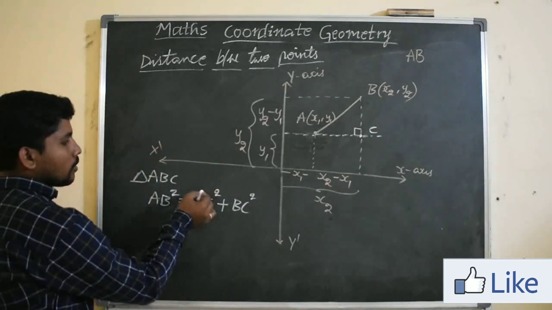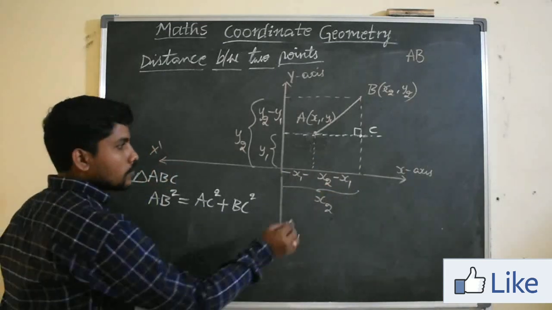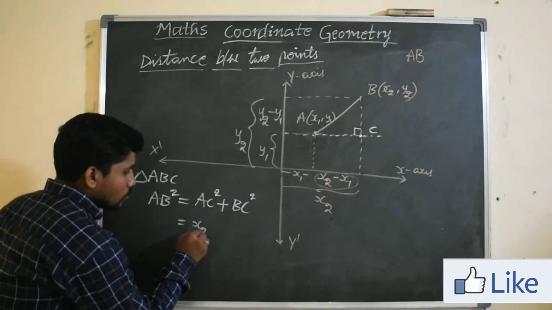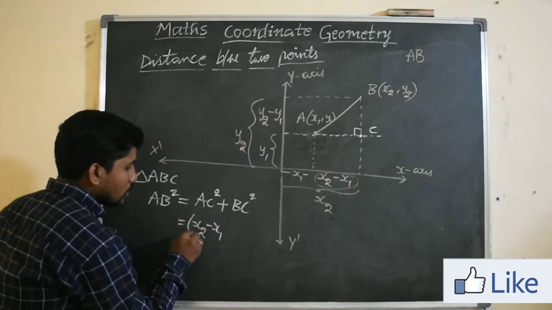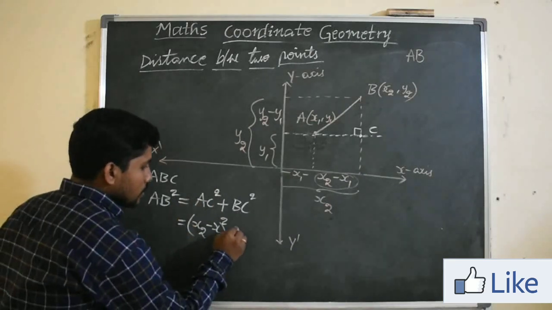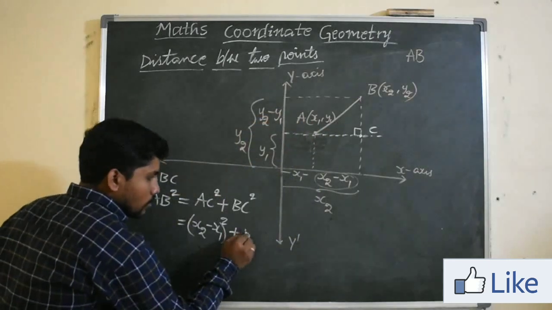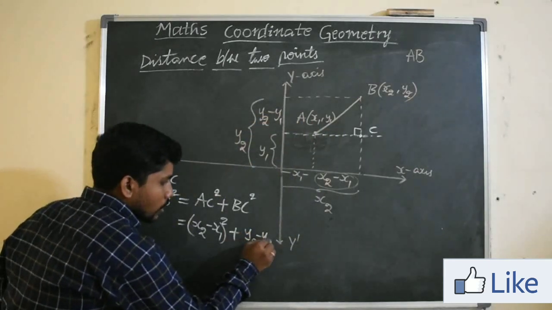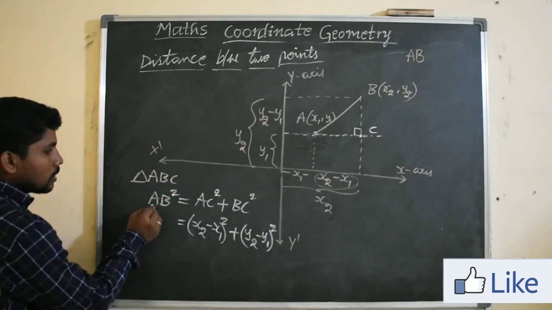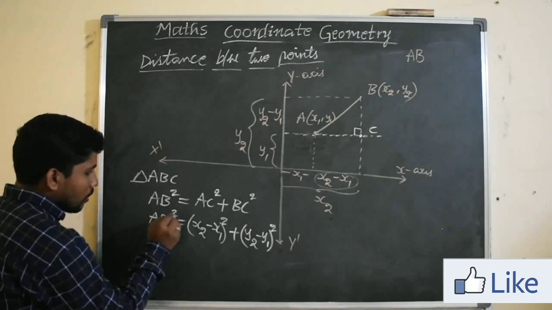Now replace the AC value. What is the AC distance? x2 minus x1, whole square, plus BC. BC is y2 minus y1, whole square. But we want the distance AB, not AB square, so we need to find the AB value.